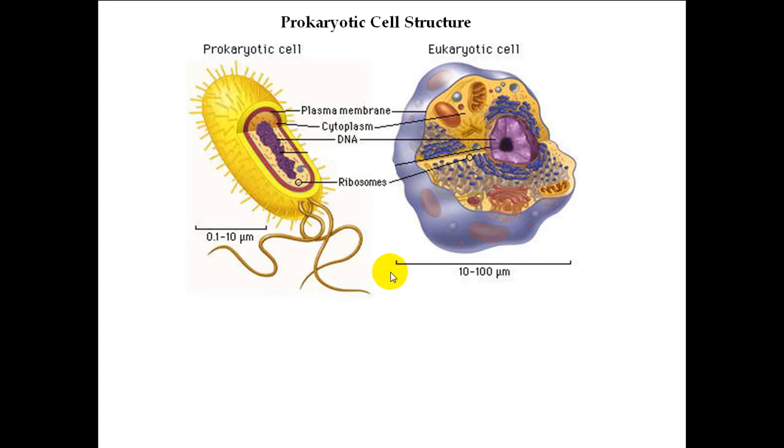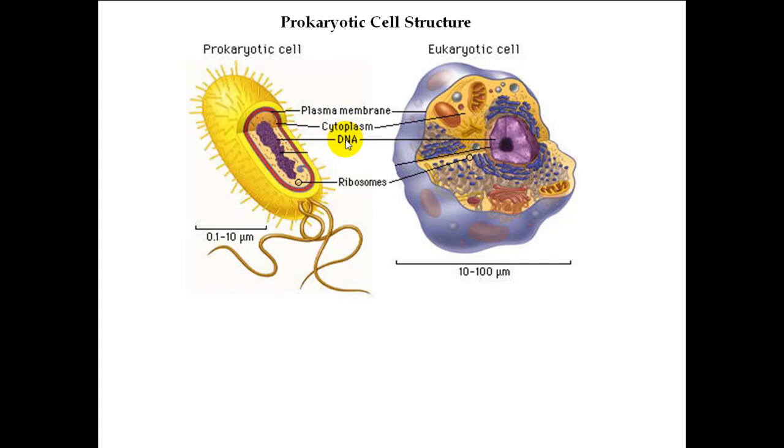All cells, regardless of whether they're prokaryotic or eukaryotic, share some commonalities. So here's one commonality that all cells have. They all have a plasma membrane that separates the inside of the cell from the outside of the cell. All cells have cytoplasm, which is the jelly-like stuff that fills up the entire inside of the cell. Remember that cytoplasm is made mostly of water.